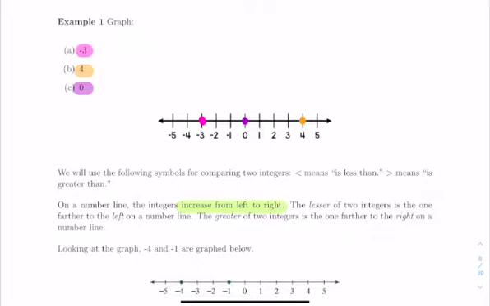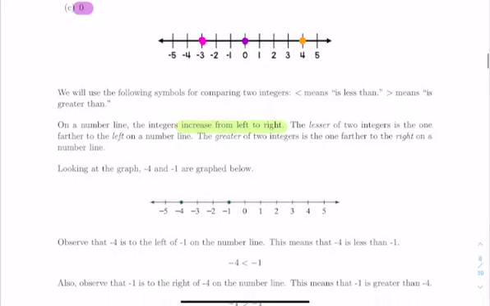Looking at the graph, we have -4 and -1 graphed below. Since -4 is to the left of -1, this means that -4 is less than -1. Since -1 is to the right of -4, this means that -1 is greater than -4.